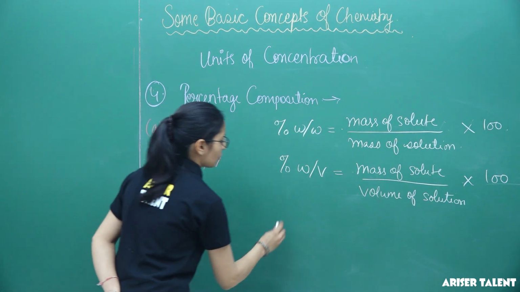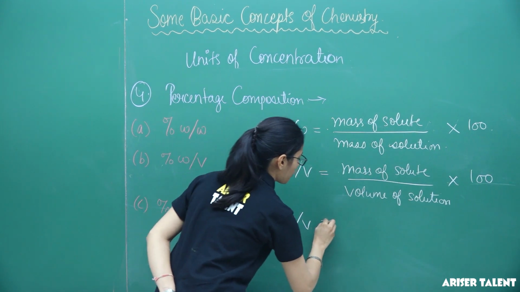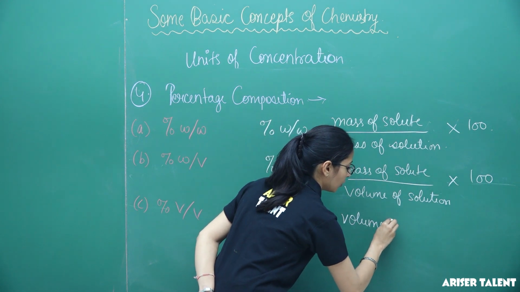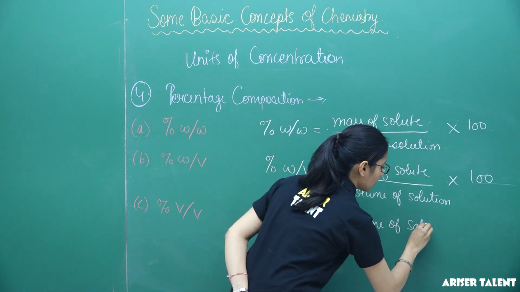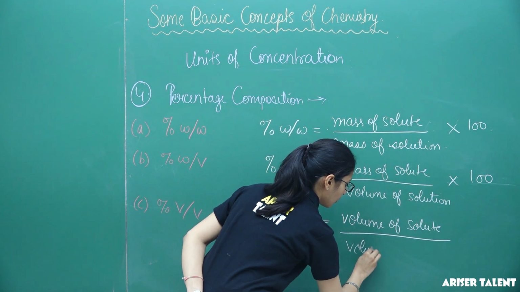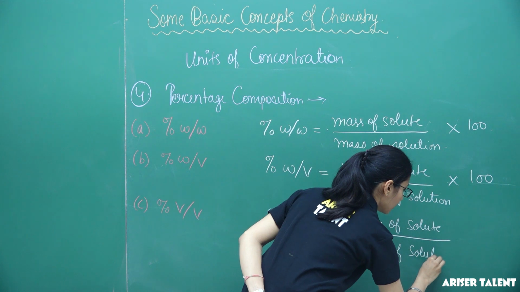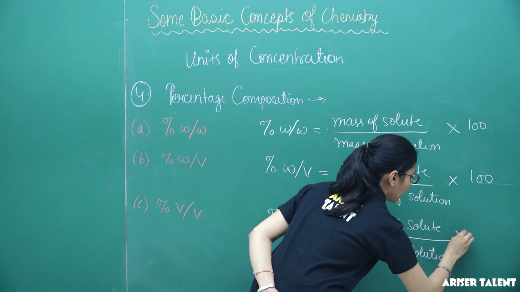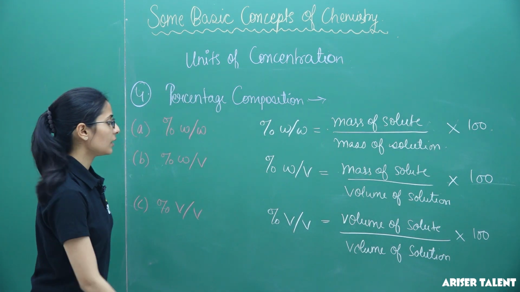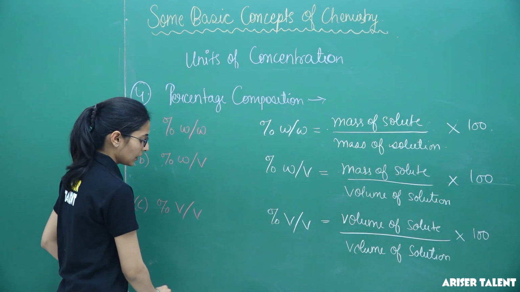The formula for it will be volume by volume, which will be equal to volume of solute present in volume of solution into 100. Okay. So, these are the three formulas.